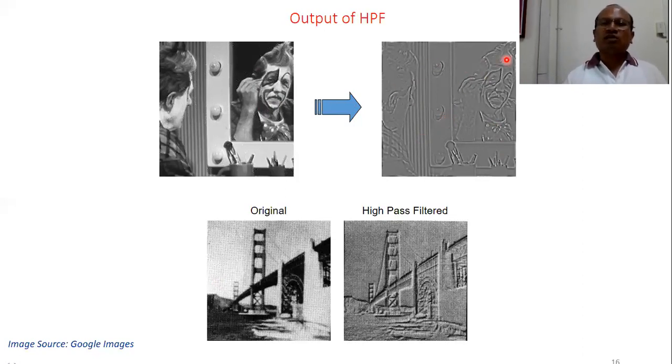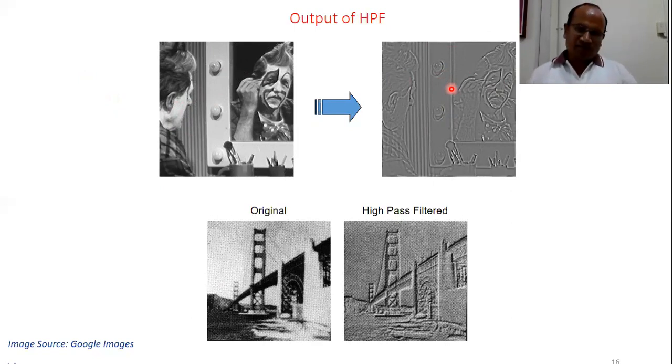You see clearly the boundaries of the face. It is because the high frequency contents are passed and the low frequency content is eliminated. Wherever there is a smooth area, it is almost suppressed. It is not completely suppressed, there is still something, because attenuation takes place, not complete elimination.